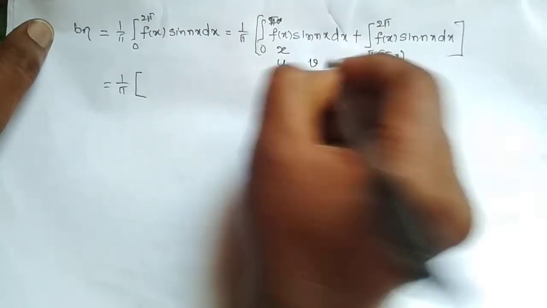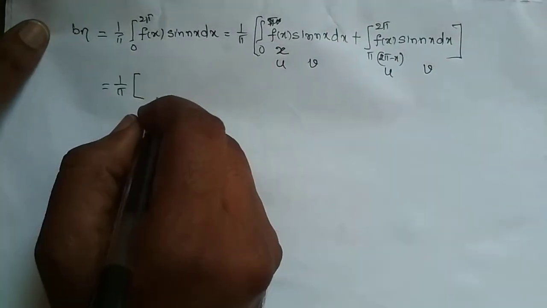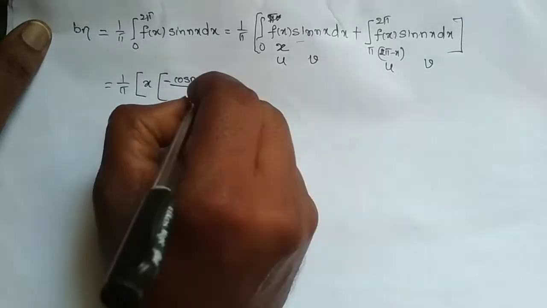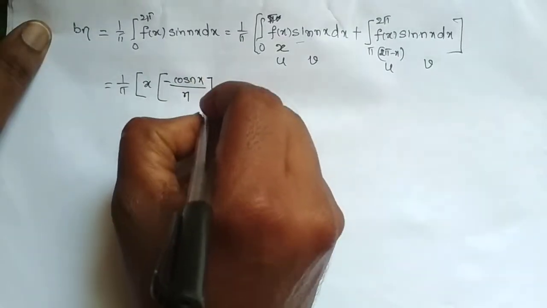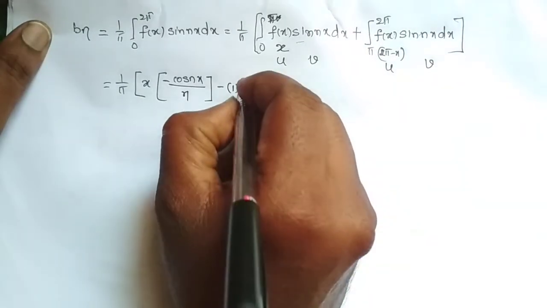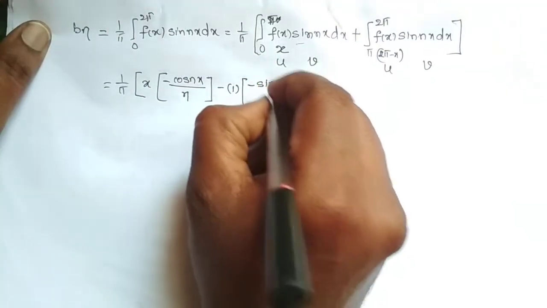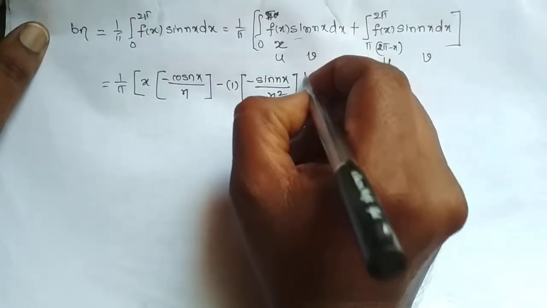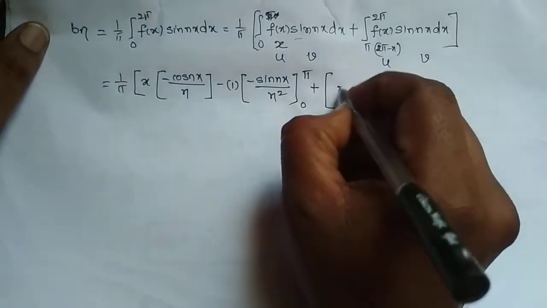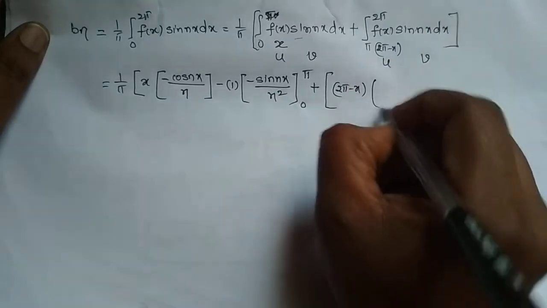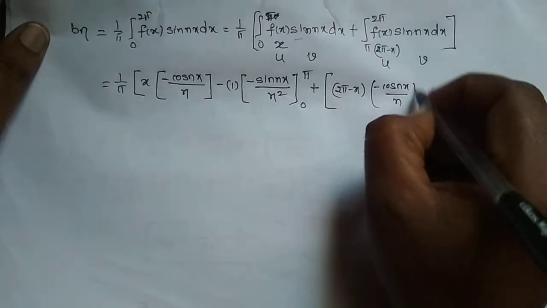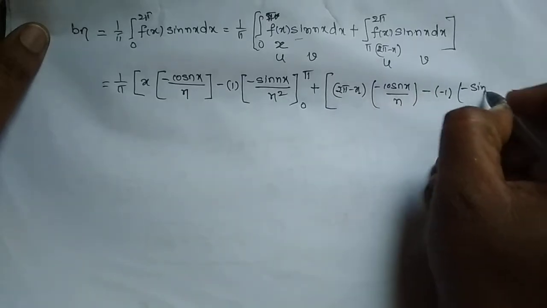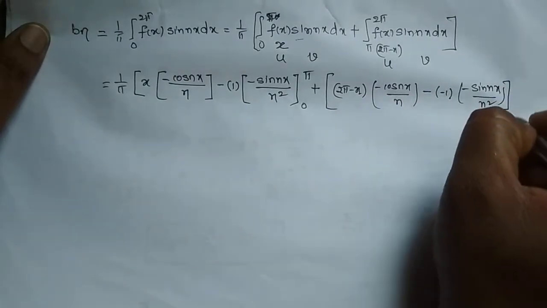This is u, this is v. u x into integral sin nx is minus cos nx by n, minus 1 into integration of this one, minus sin nx by n square, 0 to pi, plus here 2 pi minus x into integration of this one is minus cos nx by n, minus the differentiation of this one is minus 1 into minus sin nx by n square, pi to 2 pi.